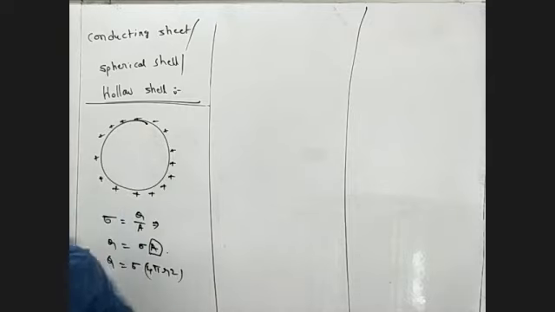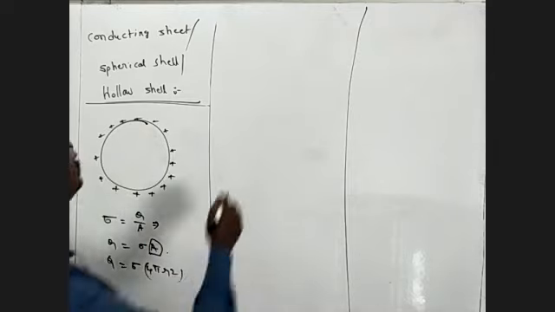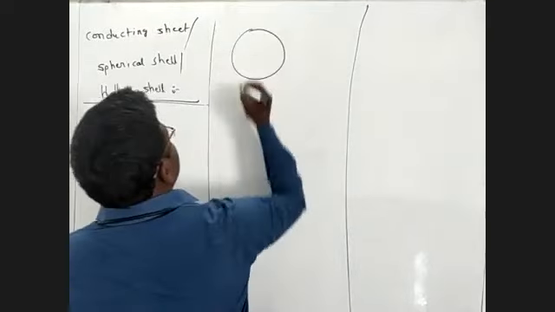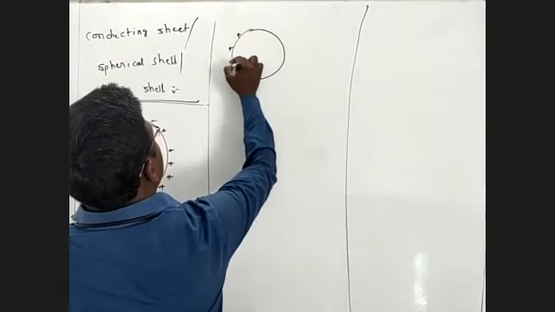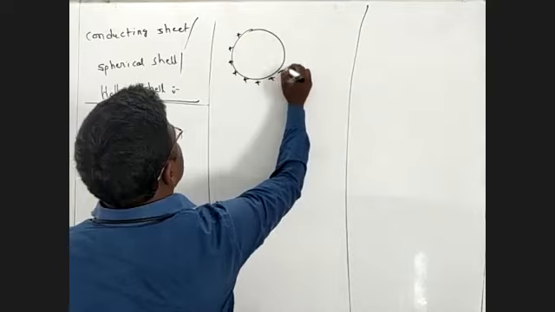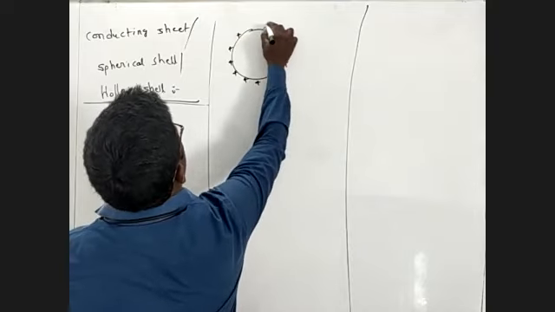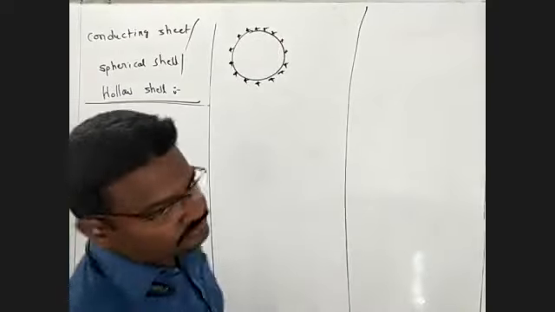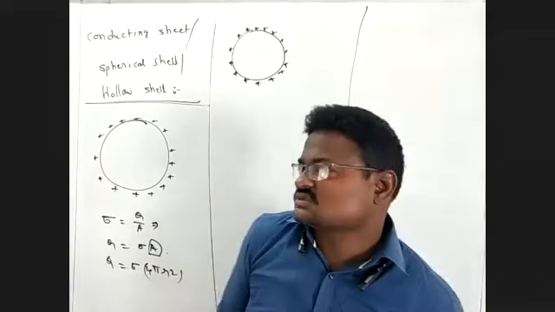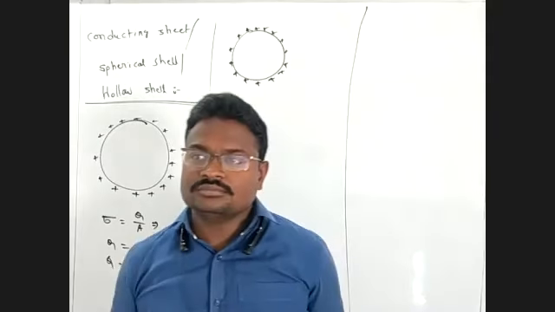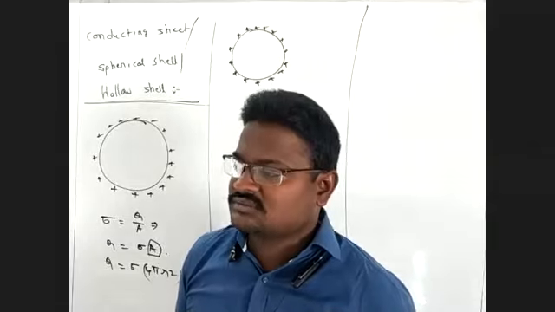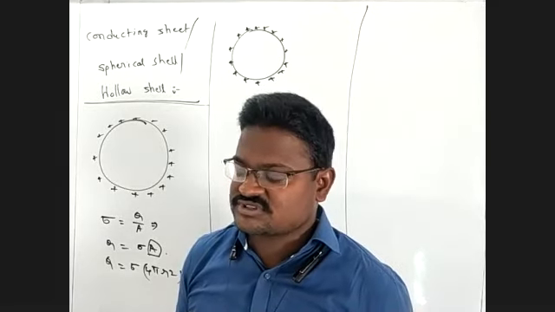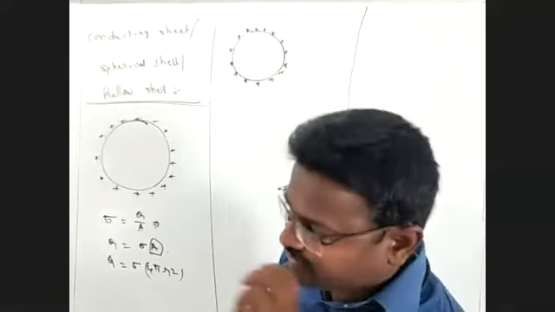Now next, this is a spherical body. The body has positive charge. So we have to find the Gaussian surface. We know very well.